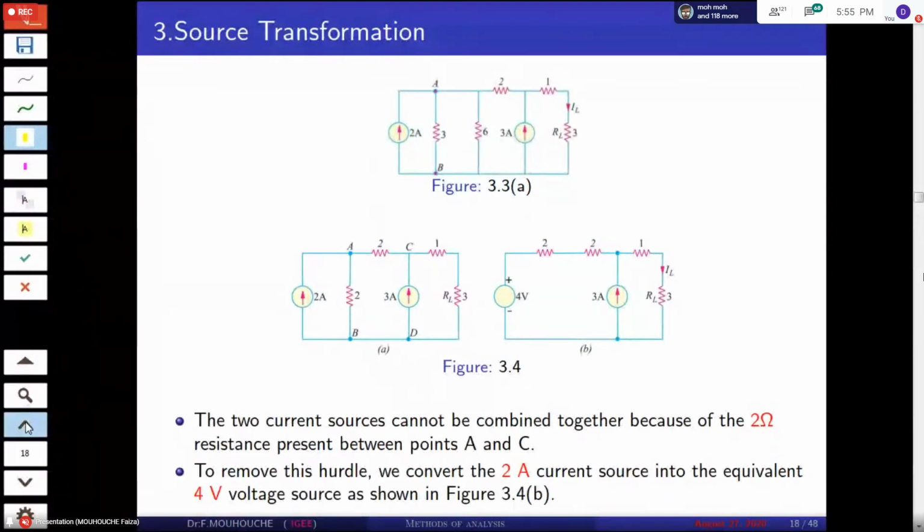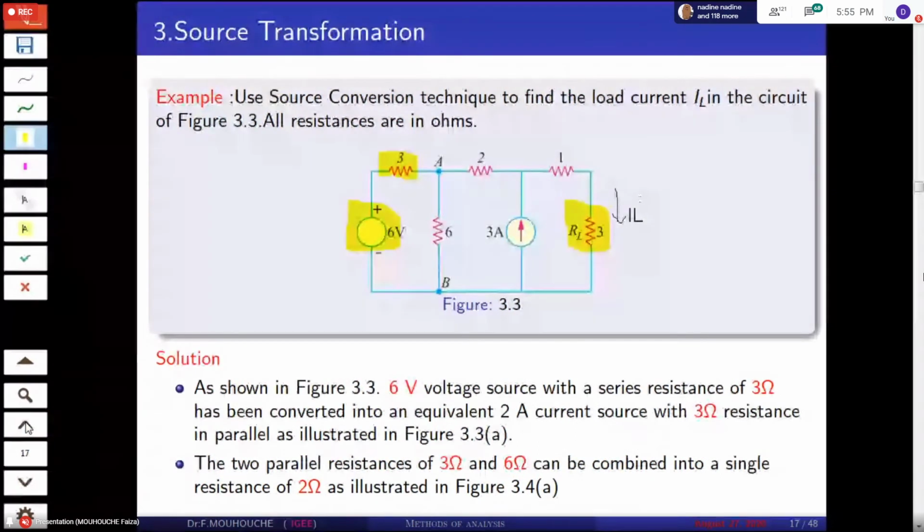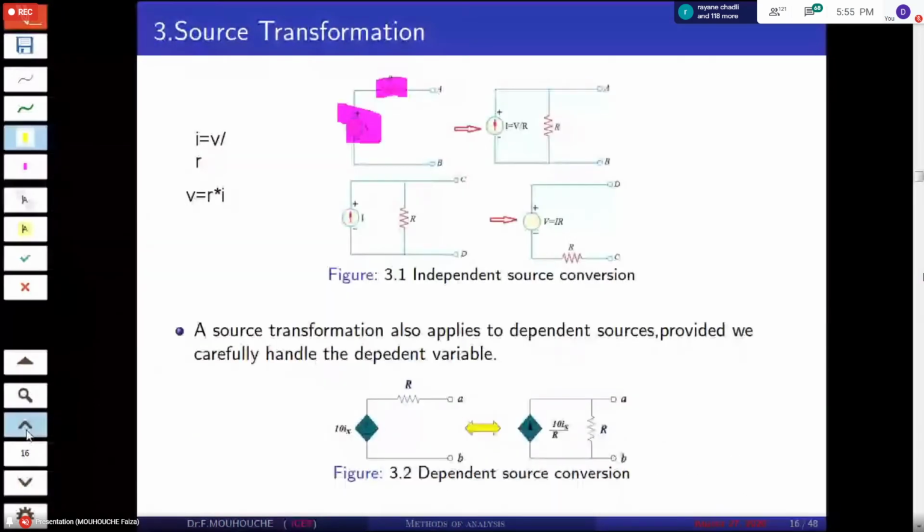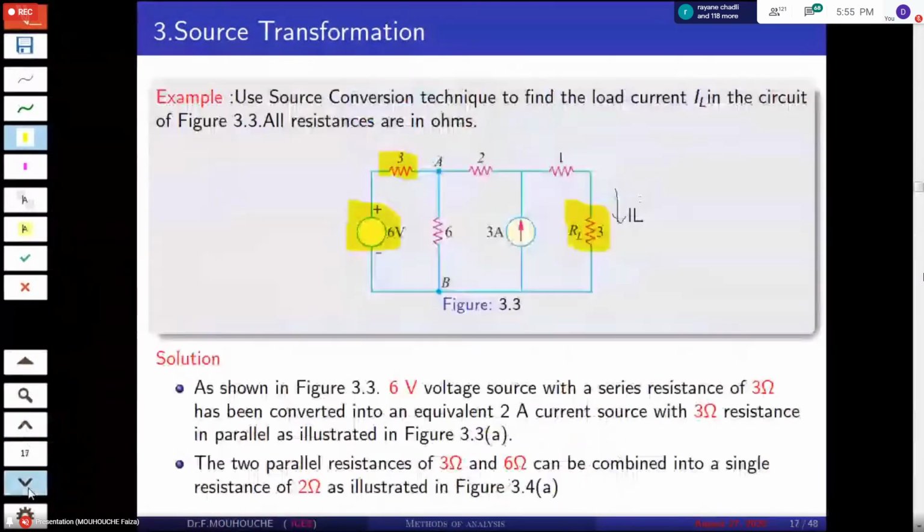Let us return to here. We have 3 ohm and 6 volts. So to convert it to the current source, we have 6 over 3, which is equal to 2 amperes, as shown here.